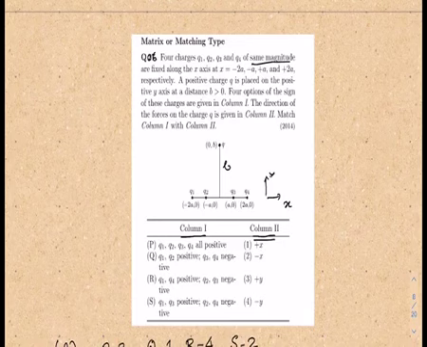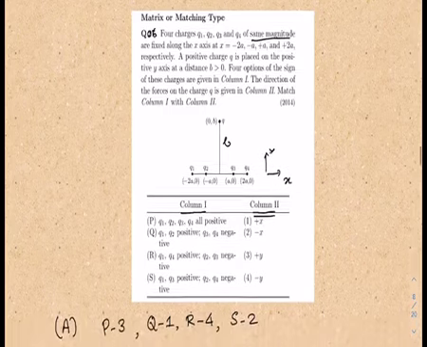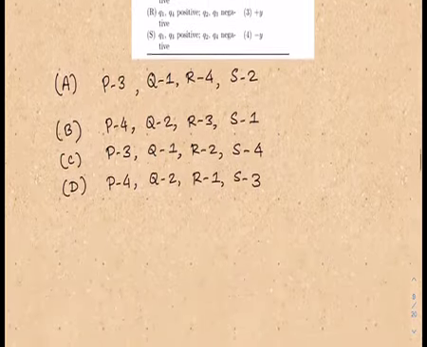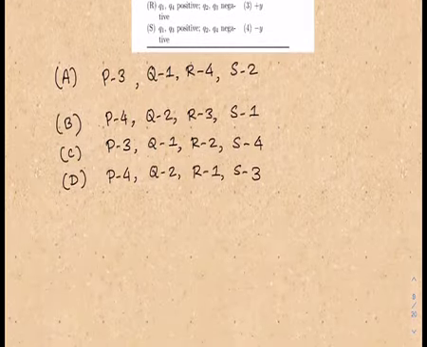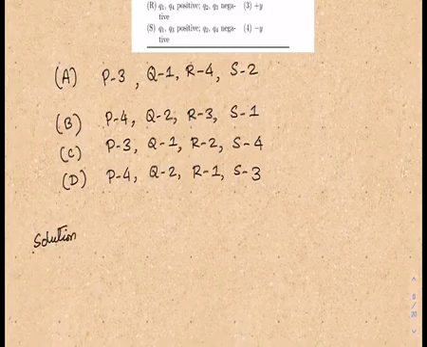You have to match which direction corresponds to column 1 and column 2. So that is what the problem is. These are the options, so let us do it. It's a simple problem from electrostatics, but in this kind of problem you always have to be pretty mindful and do it very carefully.